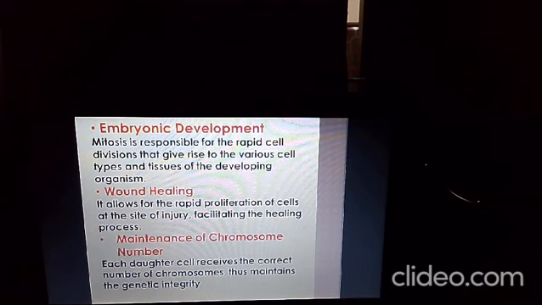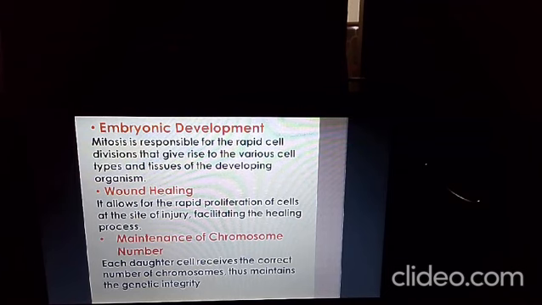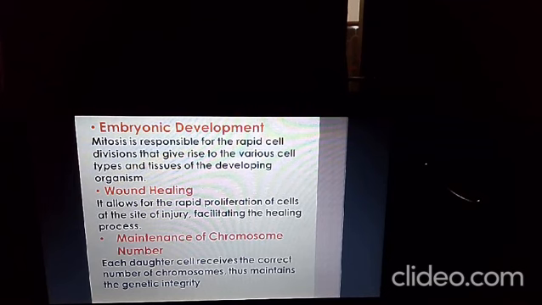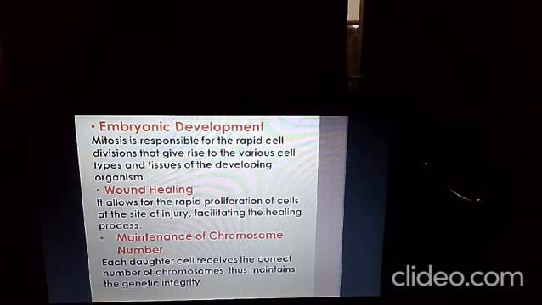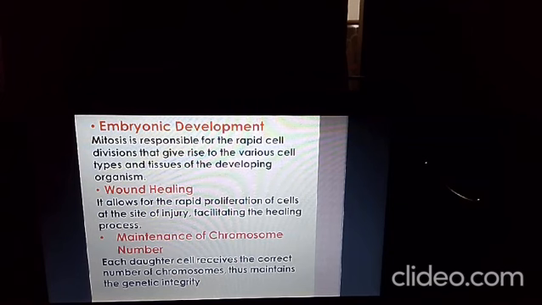Mitosis is responsible for rapid cell division, means a very fast division of the cell, due to which it gives rise to a number of other cell types and tissues, which results in the development of an organism. In this way, it helps in the development of an embryo. As we know that mitosis basically occurs in the somatic cell, and the somatic cells are the body cells. That is why it helps in the development of an embryo.